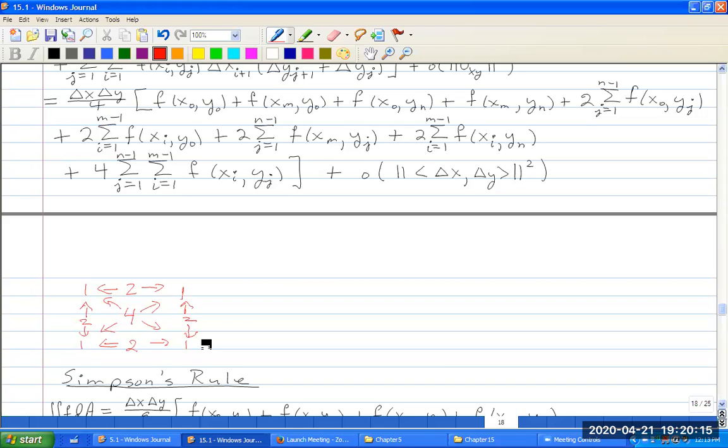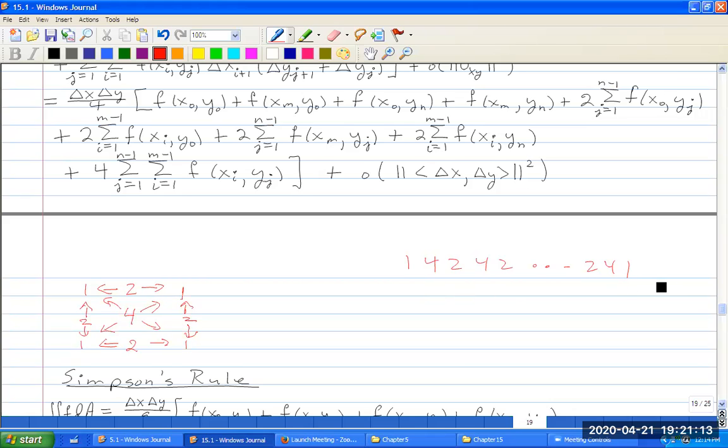If you recall, for the one-dimensional case, for an integral with one variable, the pattern was 1, 4, 2, 4, 2, etc. Actually, I'm sorry, there's a 1, 4, 1 pattern that we kept repeating over and over again, and we just re-added up everything.